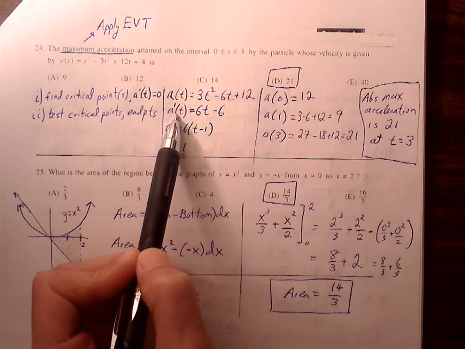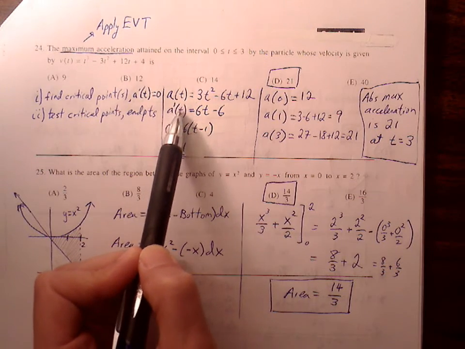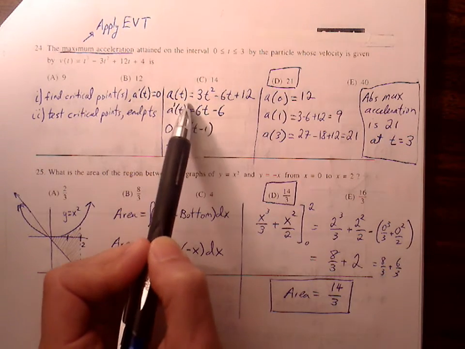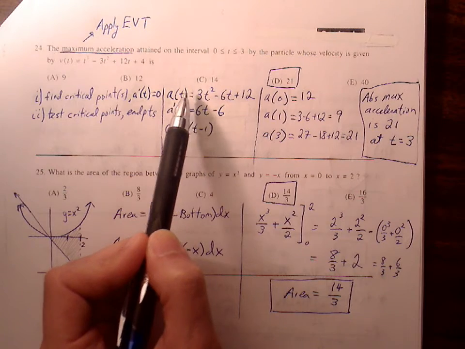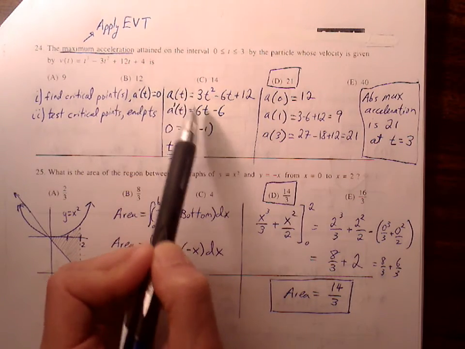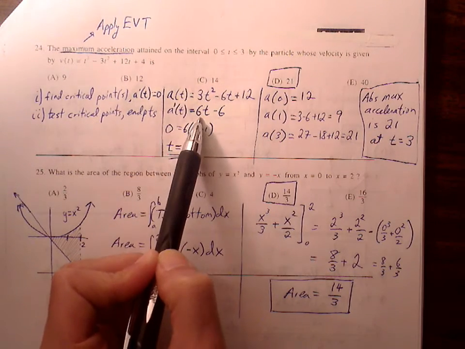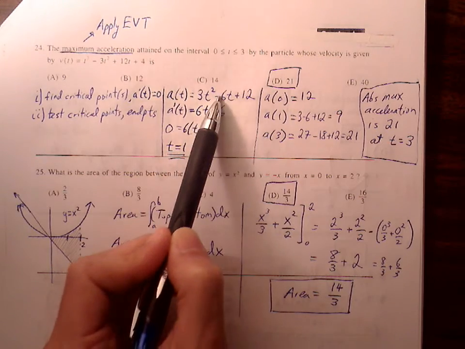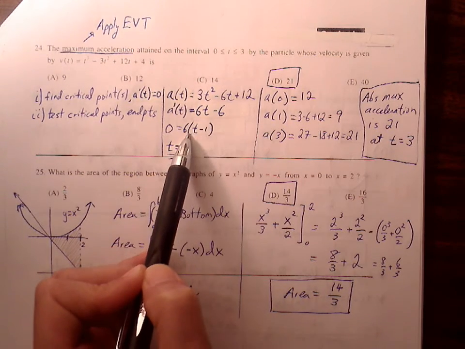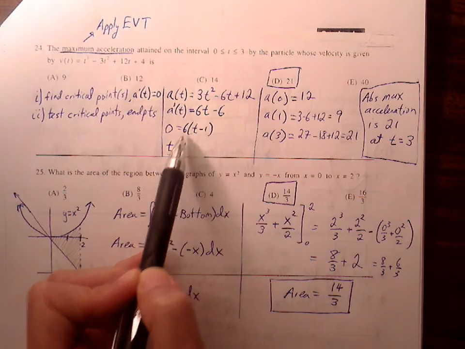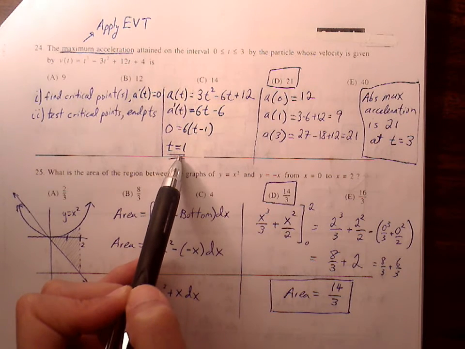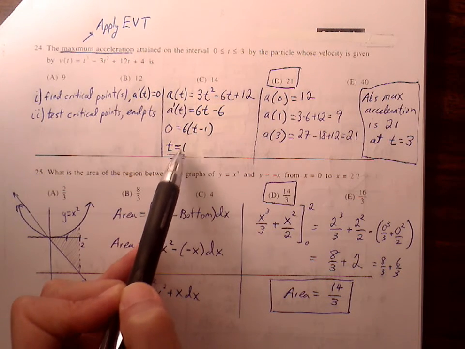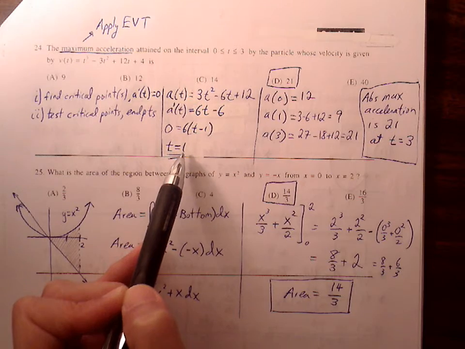Find a prime, because a prime is going to provide me information about the critical point of a of t. So we go through derivative again, 3t squared becomes 6t, 6t becomes 6. Set equal to 0, factor out the 6, find the critical value, which is t equals 1.